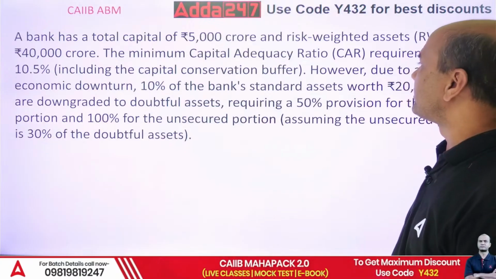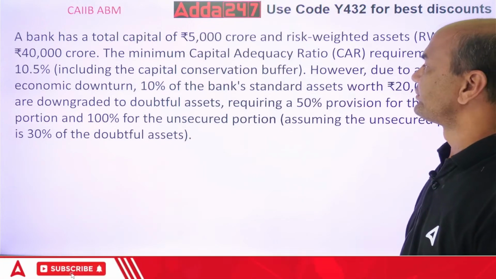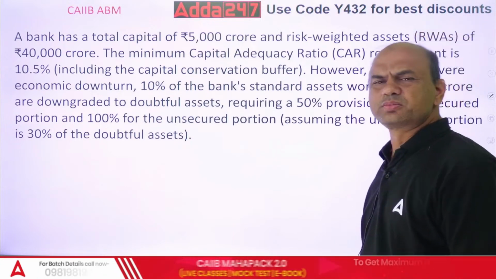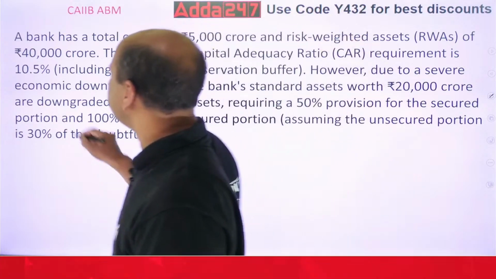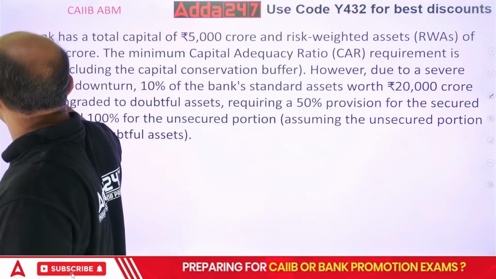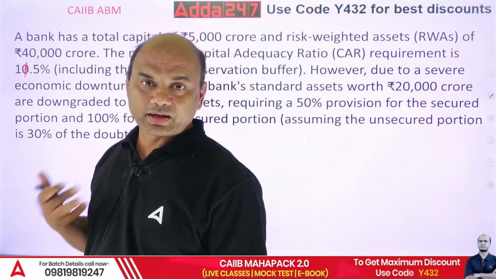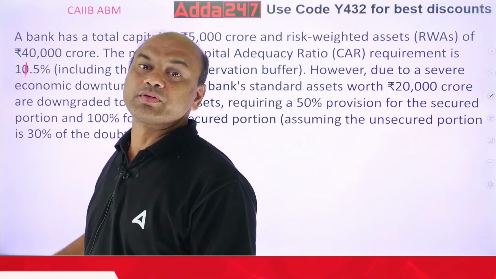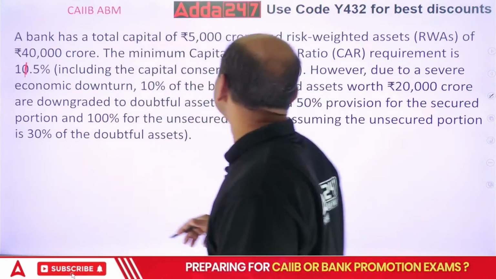A minimum capital adequacy ratio requirement is 10.5%, including CCB. 9 plus 2.5, it should be 11.5. Let's make this 11.5, because as per the Basel norm it is 10.5. We at RBI require 11.5. The world is following 10.5, we are following 11.5. Okay, conservation buffer.